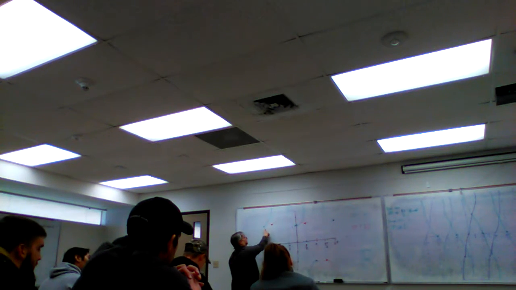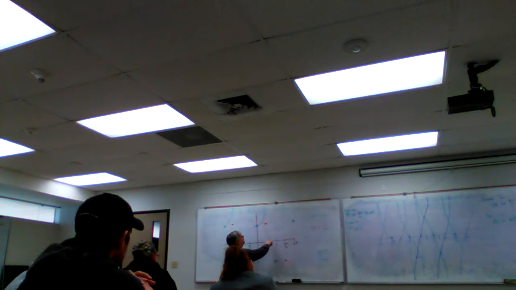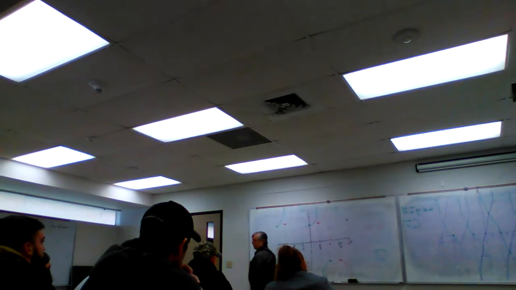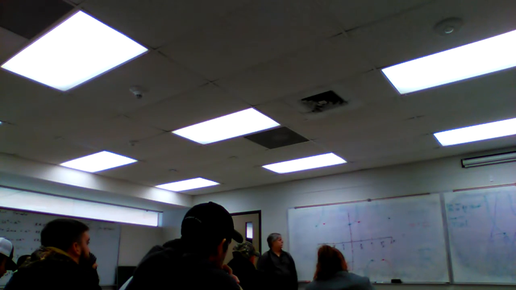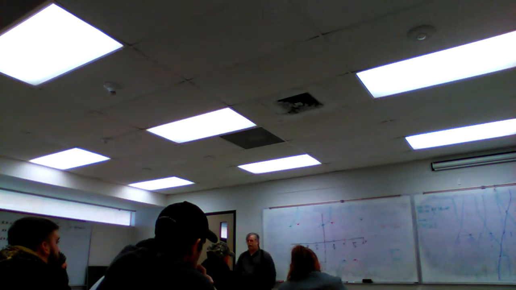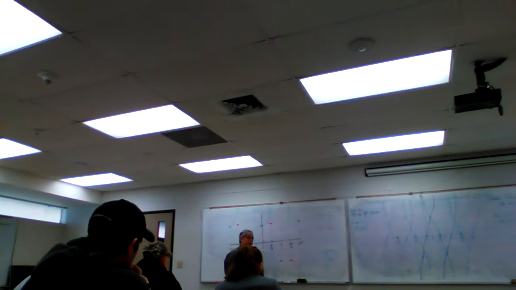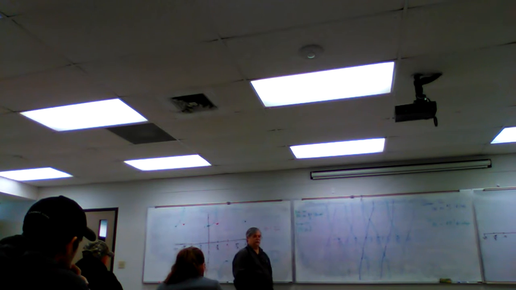From -2 pi to 0. From 0 to 2 pi. So the period of secant is 2 pi. And for the same reasons, the period of cosecant is 2 pi.